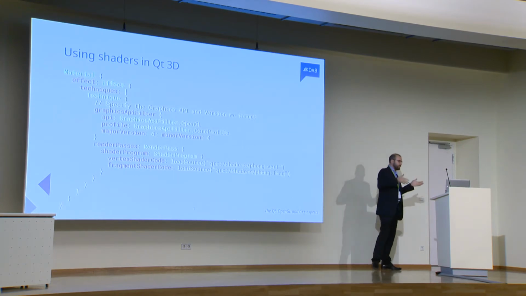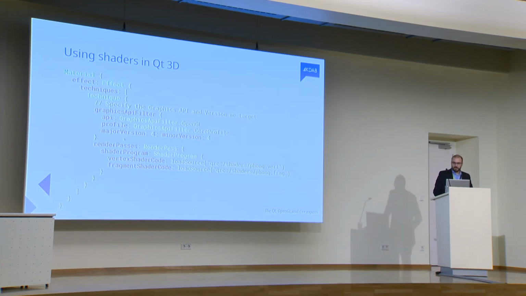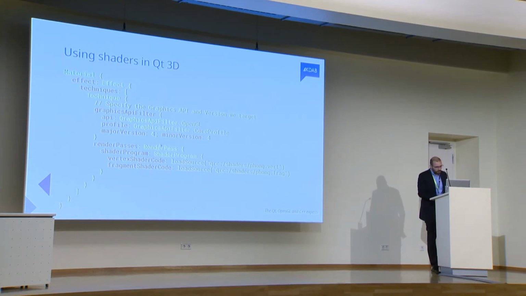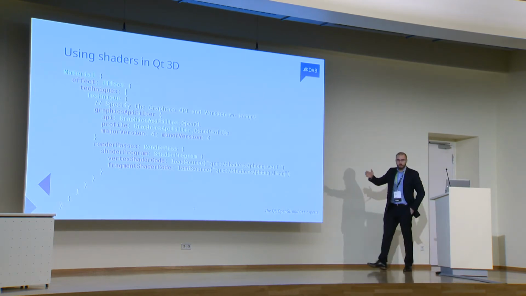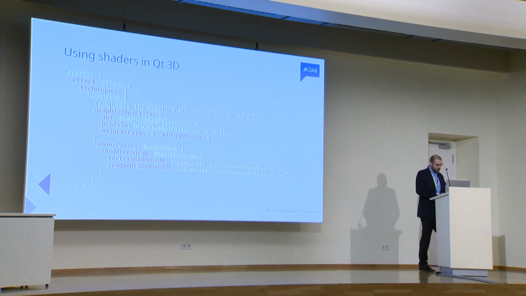And if the hardware you're running on doesn't have that version, we will just ignore that technique. In the technique, you can specify one or more render passes, usually one, which will contain your shader program, which you will load from a file, typically. Or you could write it inline, but that gets a bit messier.